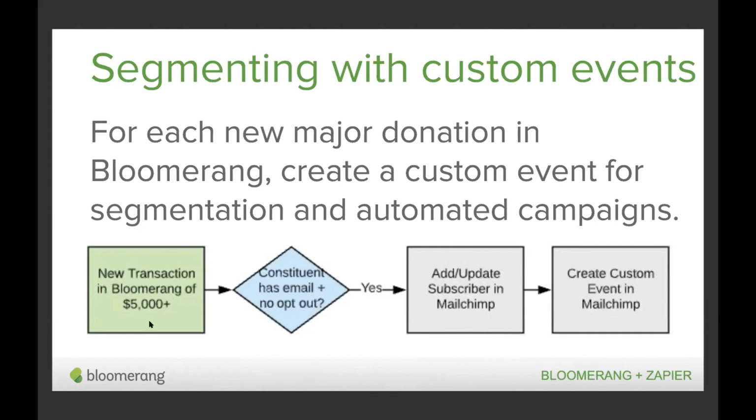Now you can set that criteria to whatever your organization considers a major donation. We're going to have a similar filter. We're going to add and update our subscriber, and then we're going to create a custom event in Mailchimp. So it's a shorter workflow, but a really powerful one. So let's hop back into Zapier and show how to set this Zap up.